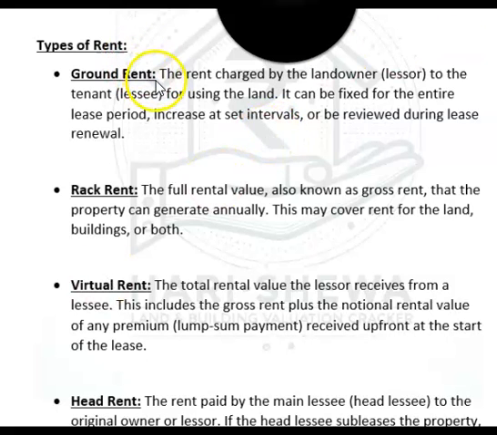The ground rent definition is the rent charged by the landowner to the tenant for using only the land. That is called ground rent. In the types of rent, one MCQ is coming for sure. Sometimes two MCQs can come, but one will come for sure.